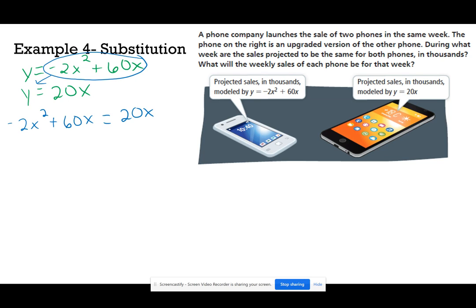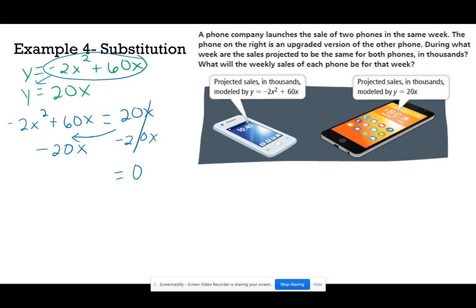In order to do this, one side has to say equals 0. My general rule of thumb is wherever x squared is, that's where everything needs to be on that side. Since our x squared is on the left, we're going to move this 20x over to the left. 20x is positive, so I'm going to subtract 20x. 20x and 20x cancel out, so I have equals 0.